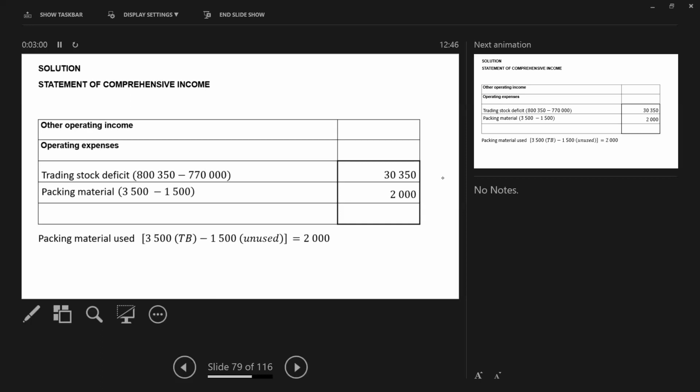Stationery, you will start with what we had last year. You add what we purchased in the current year. And then you minus what we didn't use at the end of the current year. So it will be made up of 600 at the beginning of the year plus 15,000 that comes from the trial balance, which represents net purchases of stationery. And then you minus 800, which is your stationery that was unused at the end of the current financial year.